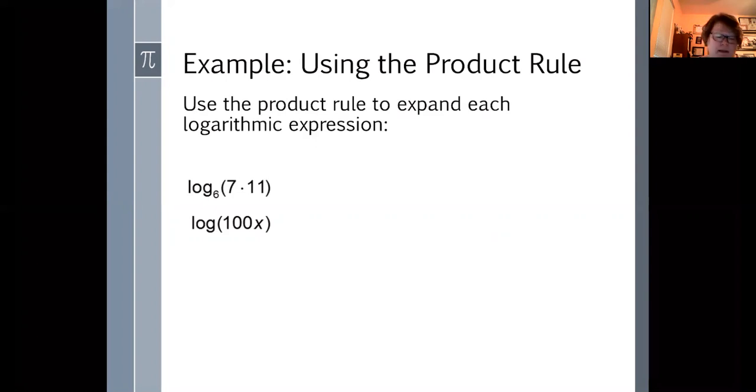So we can write this as log base 6, and recall the base is written as a subscript, so it's to the right and slightly below the word log. So we have log base 6 of 7 plus the log base 6 of 11. So we can write the log of a product, a product is things being multiplied together, as the sum of logs.